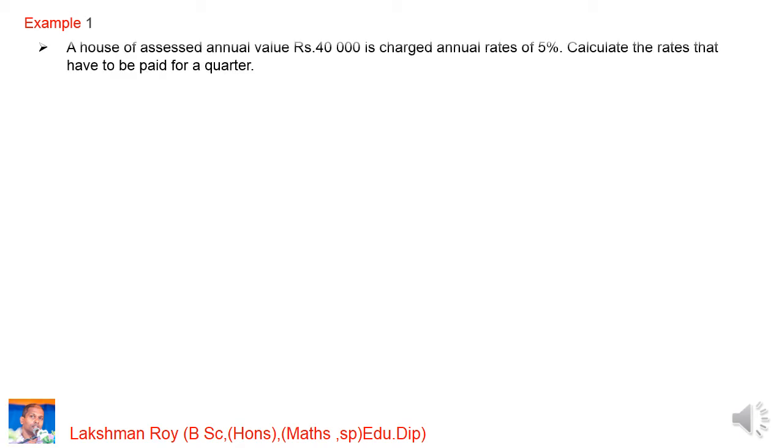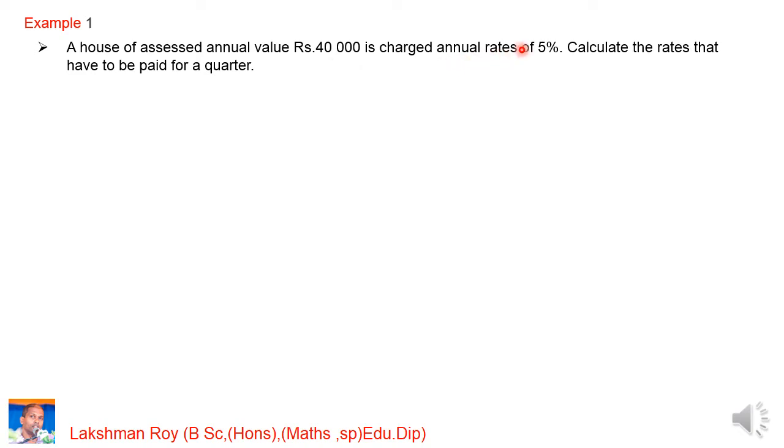Now students will see using examples how to calculate this tax rates. So this is my first example. A house of assessed annual value 40,000 rupees is charged annual rates of 5%.